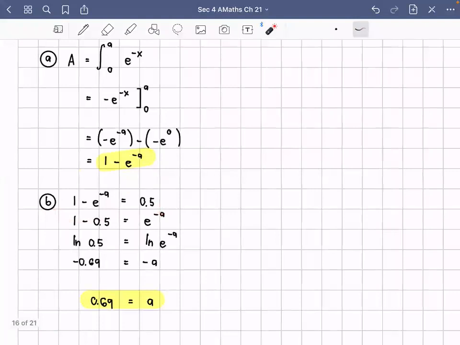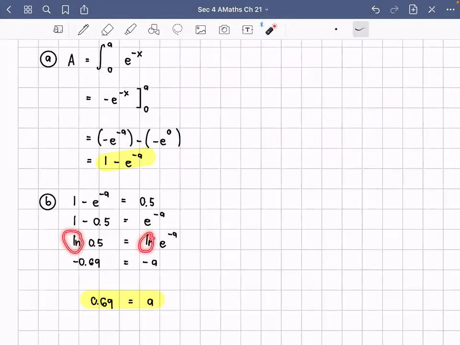So we have 1 minus e raised to -a equals 0.5. Solving for a, what I did here is to transpose 0.5 and move the negative e to the right side, just to make it positive. Answering this, you'll get 0.5. And then how do you get rid of e? You multiply both sides by ln.